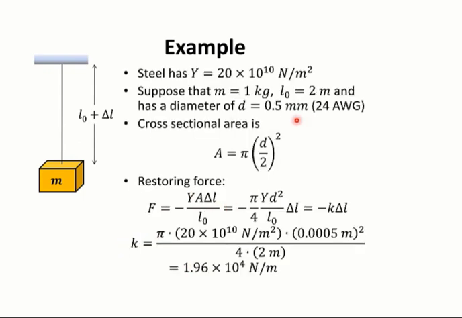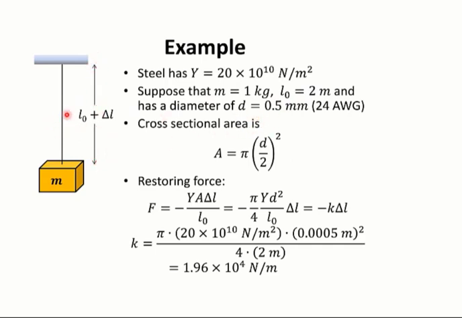Here is a numerical example of the concept that we studied earlier. Here you can see we have this object attached to a wire, which is again attached to a wall like this. All the quantities are given, like the mass of this object, the length of this wire initially, and the diameter of that wire.